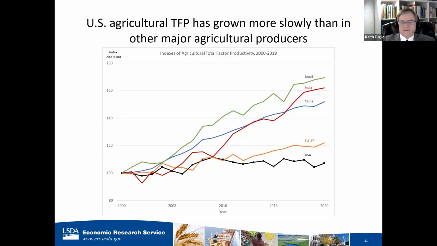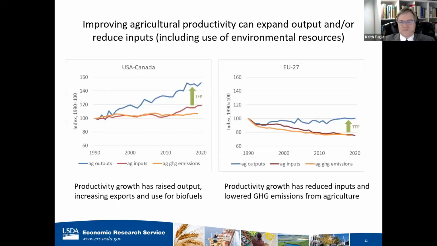And as I mentioned, over the last decade, there's been very little growth in average TFP in the United States. So this means that we could be falling behind in our ability to reduce costs and maintain competitiveness in international ag markets. One more slide, and then I'm going to turn this over to Suzanne.